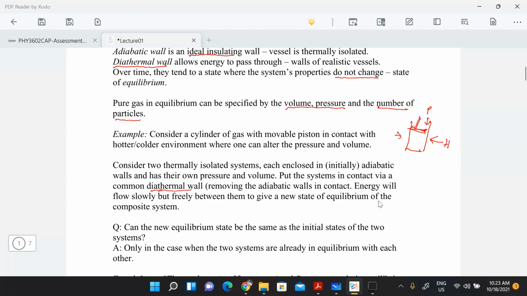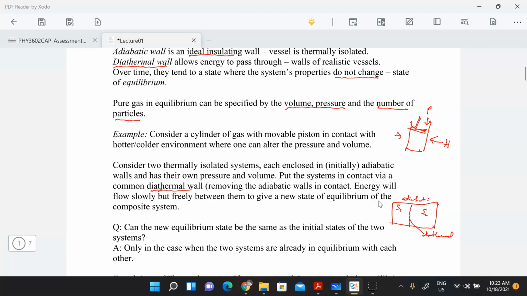So in other words, you have two systems here. These are all adiabatic walls, and the wall that separates system 1 and system 2 is a diathermal wall. In that case, there will be energy exchange between system 1 and system 2.